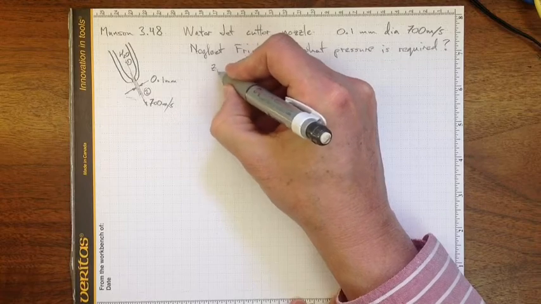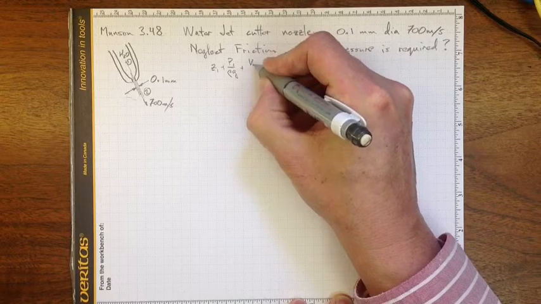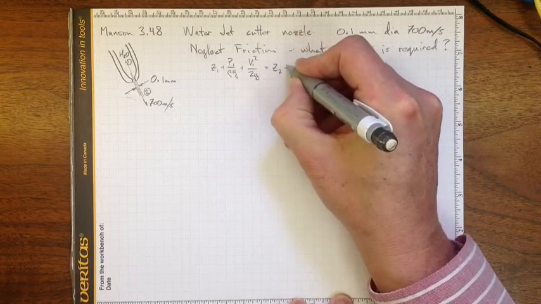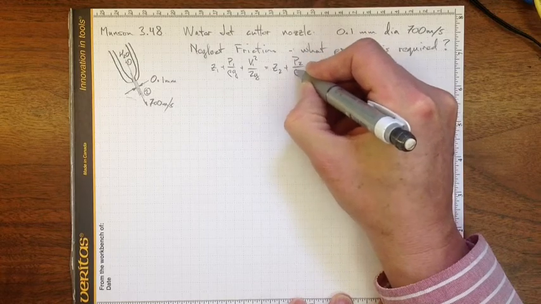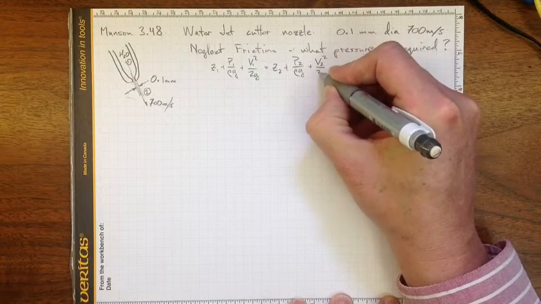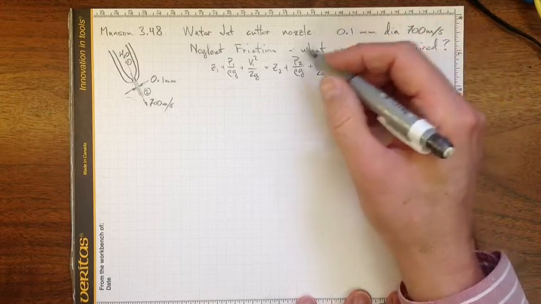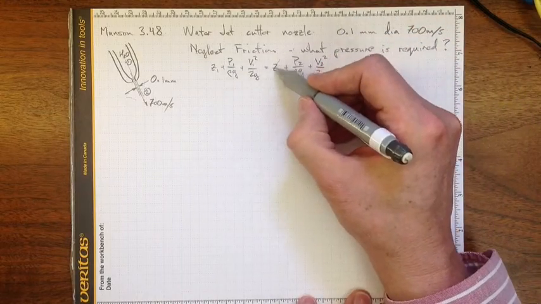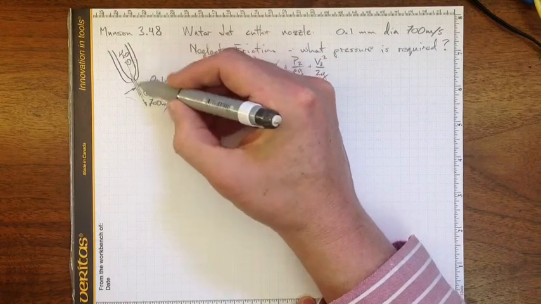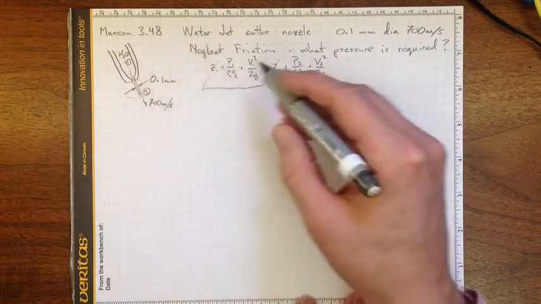And we have Z1 plus P1 over rho g plus V1 squared over 2g equal to Z2 plus P2 over rho g plus V2 squared over 2g. Now, if we say that the elevation is not really very important in this, there is some obvious difference in height here, but it's going to be small compared to the effects of the pressure increasing the velocity enormously.